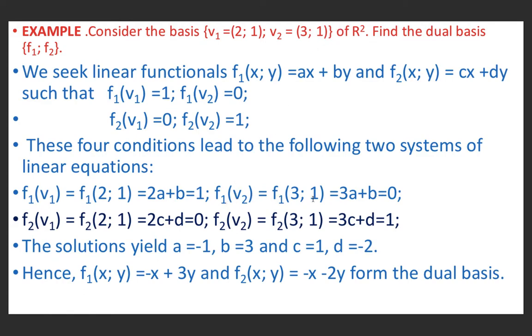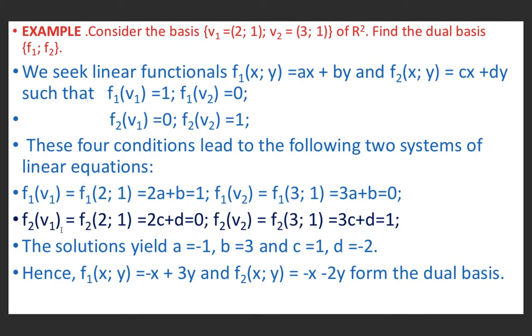So f1(3, 1), with x equal to 3, y equal to 1, is 3a plus b. And again f1(v2) is equal to 0. So we get 3a plus b equal to 0. So the first equation is 2a plus b equal to 1. Second is 3a plus b equal to 0.